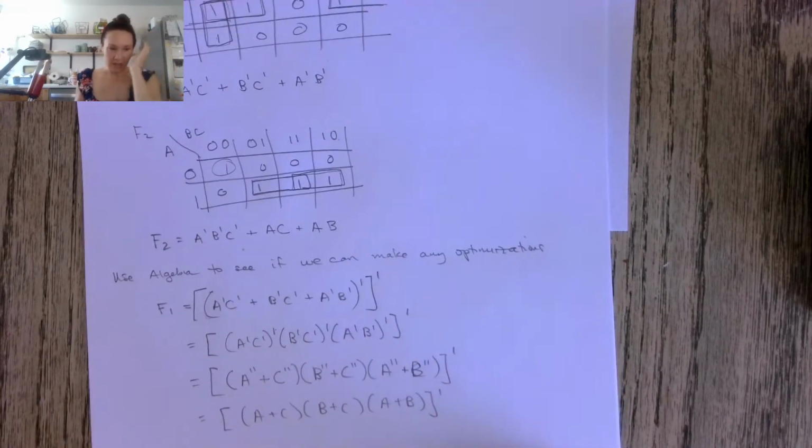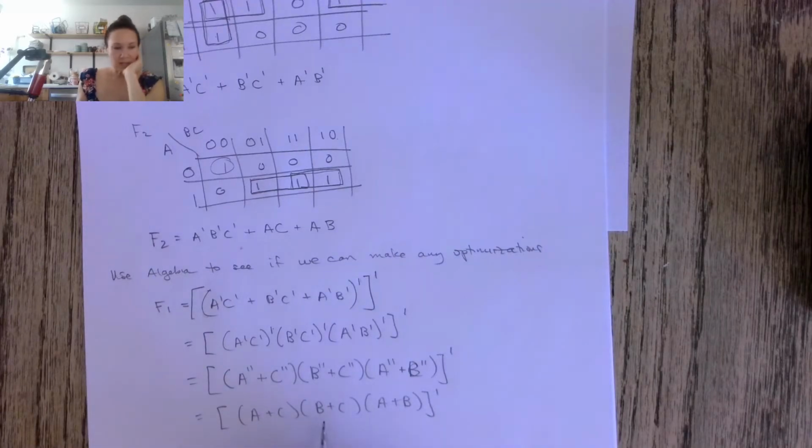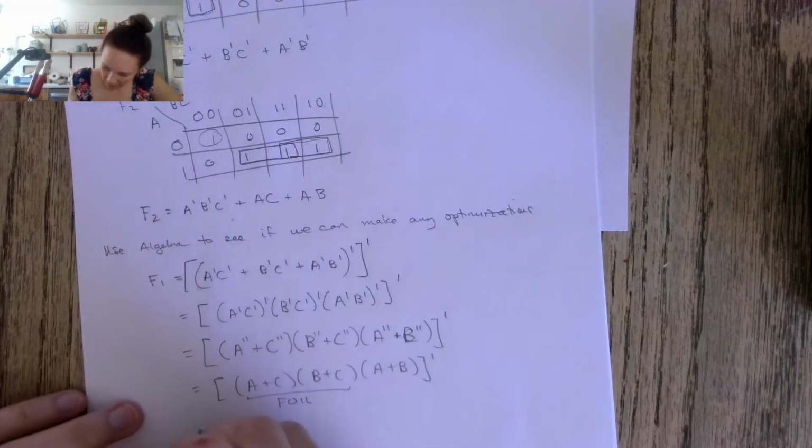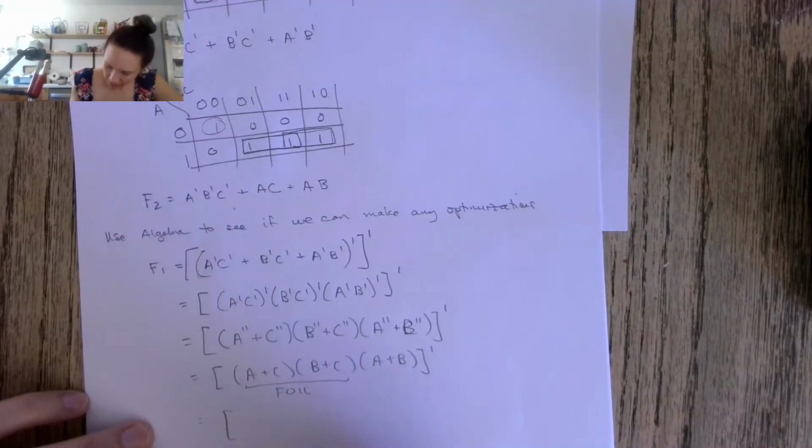Now if I take one of these guys and I FOIL it, so let's say I take this thing here, and I'm going to FOIL, back to my algebra days. This is going to give me AB, or CB, or AC, or CC.